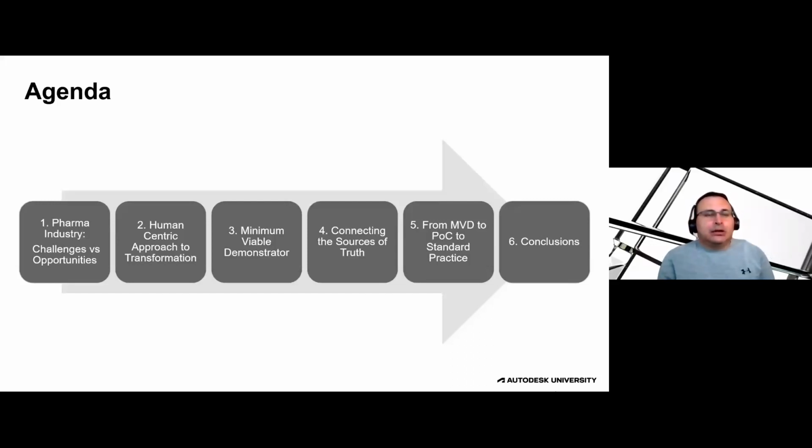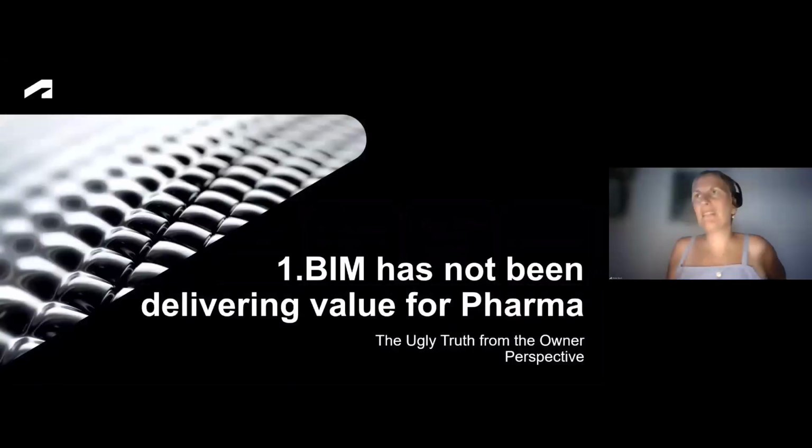Then we're going to talk about how to connect the single source of truth, single data, and then how we move from minimum viable demonstrator to proof of concept to standard practice. So basically how we scaled in our company, and then the conclusions. It should last 30-35 minutes before the Q&A.